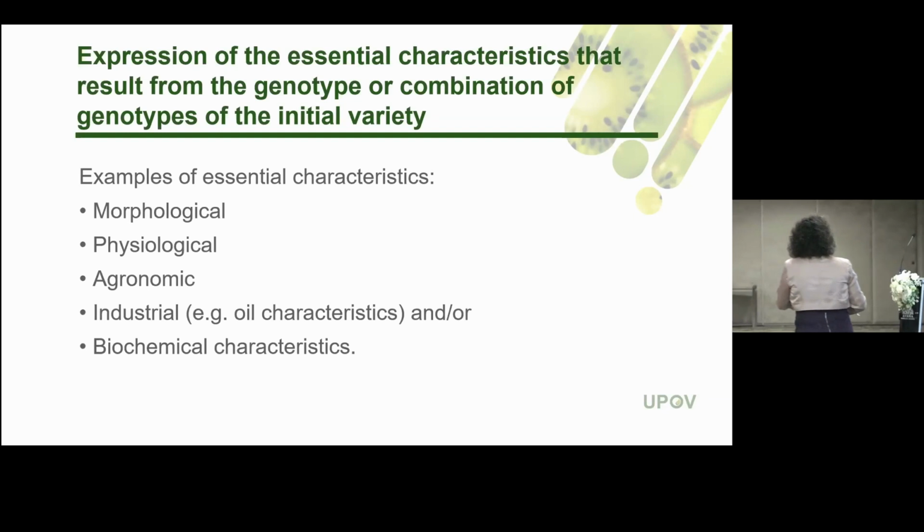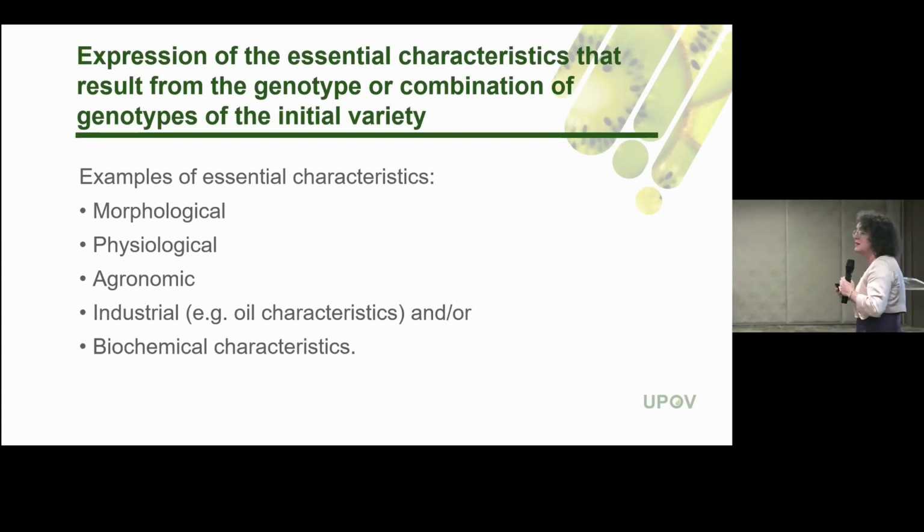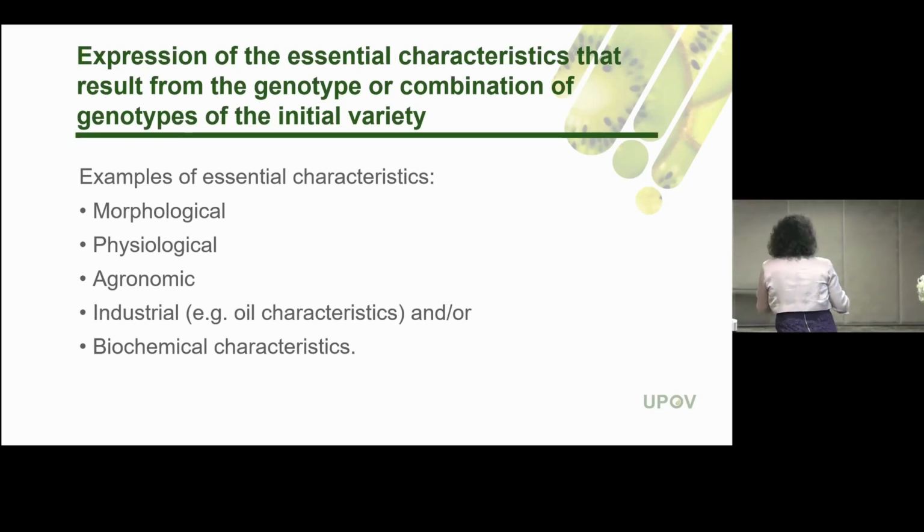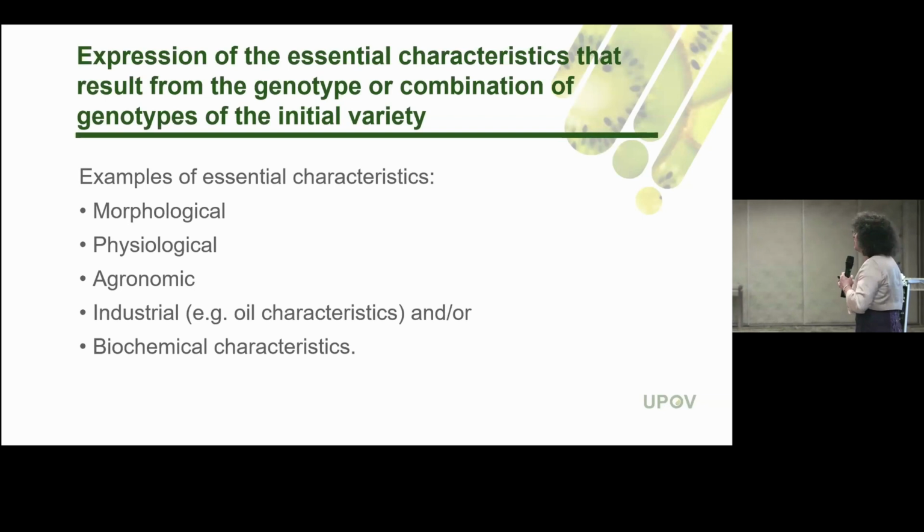Some expression of the essential characteristics, there are some elements to reflect upon what could be essential characteristics, because that notion is not defined in the UPOV Convention. So from that point of view, as you can see, it could be even beyond characteristics that are considered for being characteristics suitable for the DUS.